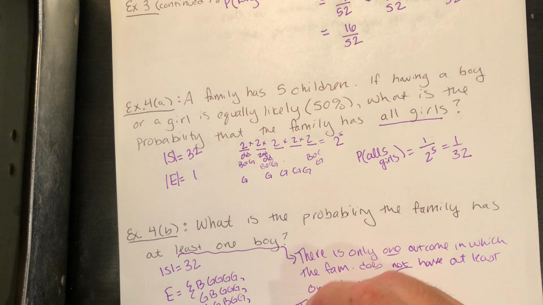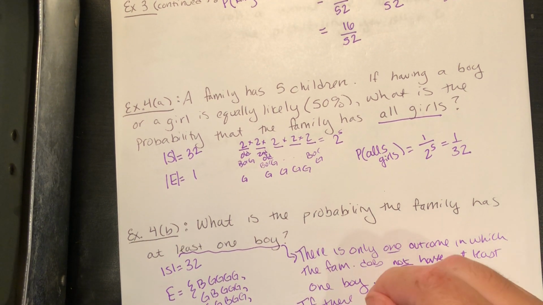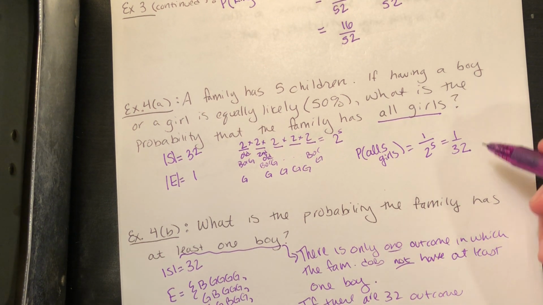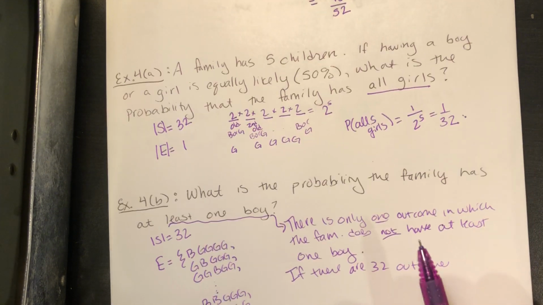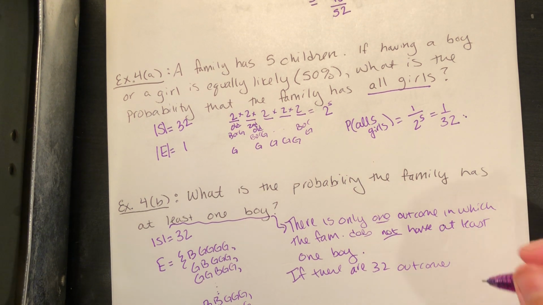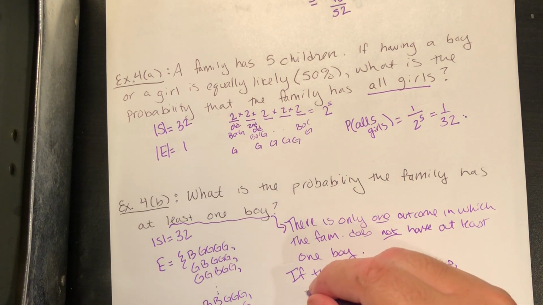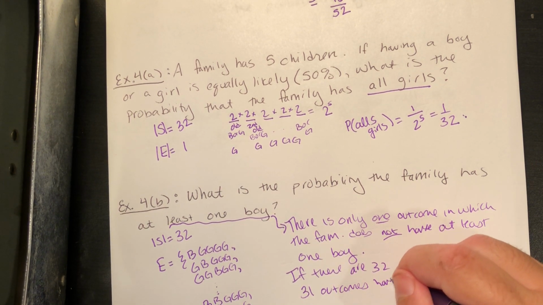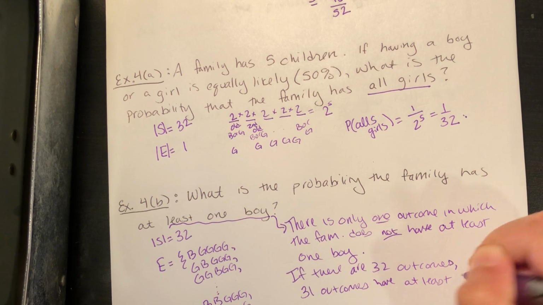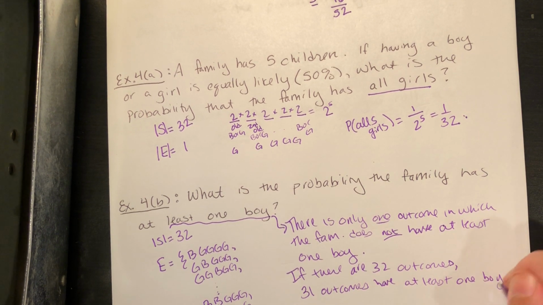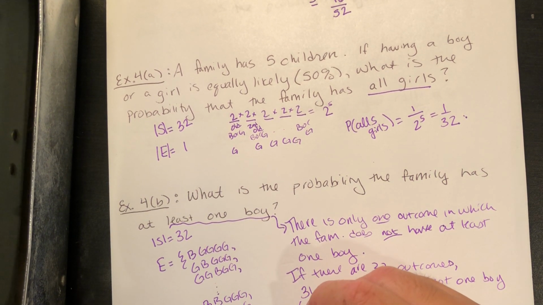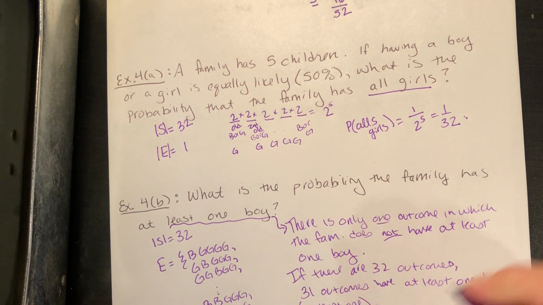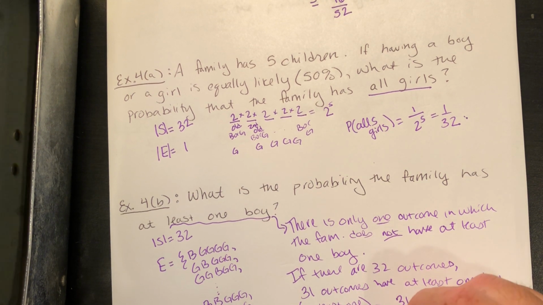And so if there are 32 outcomes, then that means in every single outcome except the one we saw in 4A, they're going to have at least 1 boy. So 31 outcomes contain at least 1 boy. And so the probability that the family has at least 1 boy is equal to 31 over 32.